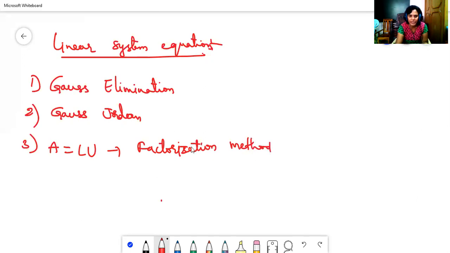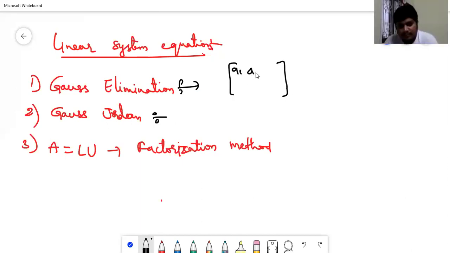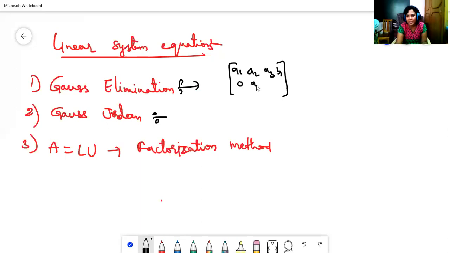Gauss elimination method means we apply only row operations. In Gauss-Jordan also row operations only. We use only elementary row operations. In Gauss elimination we reduce to upper triangular form. Suppose A1, A2, A3, then B1, 0, A4, A5, B3, 0, 0, C0, like this.